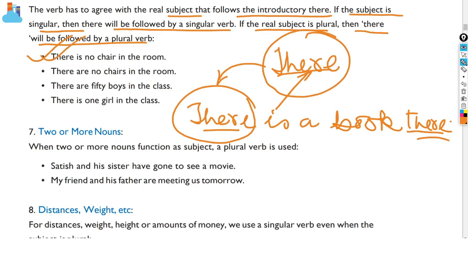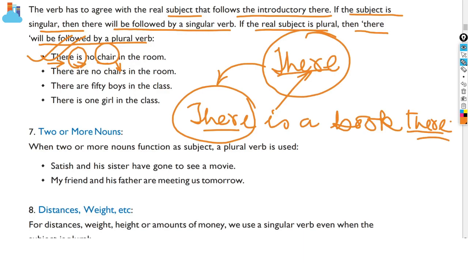There is no chair in the room. There is no chair. So you see, we are talking about this chair. This is the verb. This is the introductory there, and after that the verb that is coming will be singular or plural.